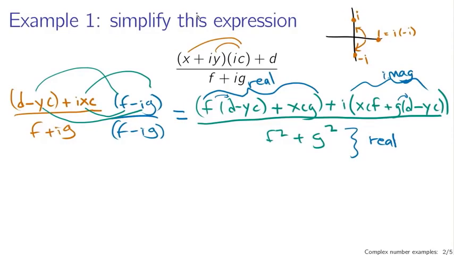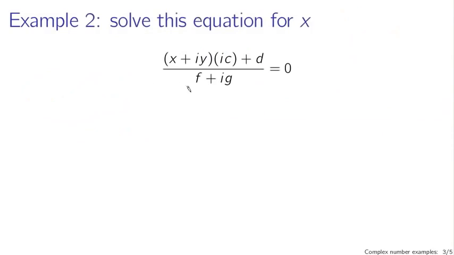As a second example, consider solving this equation for x. Now, this is the same expression that we had in the last problem, only now we're solving it for it equal to 0. So from the last page, I'm going to borrow that first simplification step we did, distributing this through.